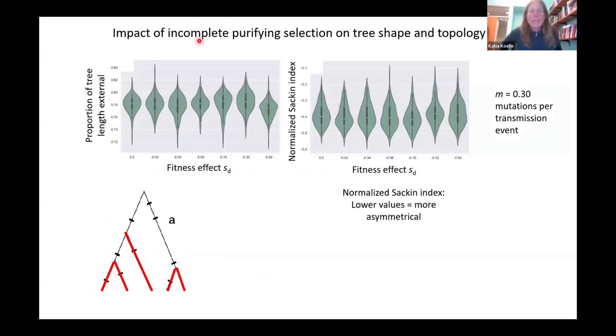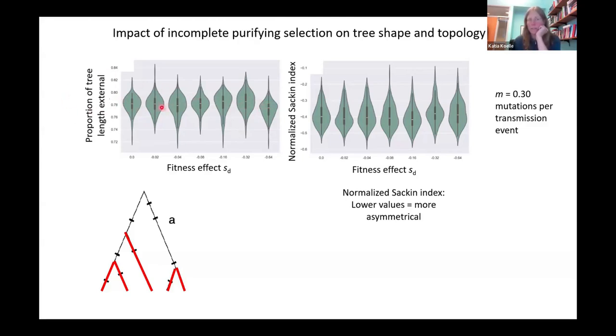So let's first look at the impact of incomplete purifying selection on just tree shape and tree topology, rather than mutation distribution. What we found under that parameterization is that if we look at just the proportion of the tree length that's external, and remember these are serially sampled sequences, we don't see any effect of the fitness cost of those deleterious mutations on that proportion.